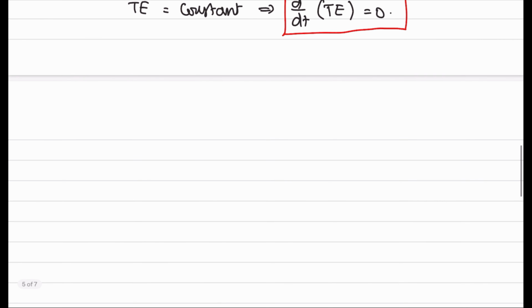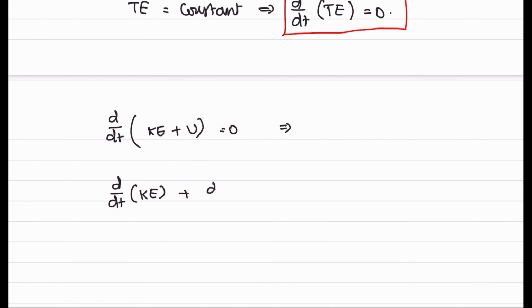What is total energy? That is nothing but d by dt of kinetic energy plus potential energy, that is equal to 0. That implies d by dt of kinetic energy plus d by dt of potential energy is equal to 0.